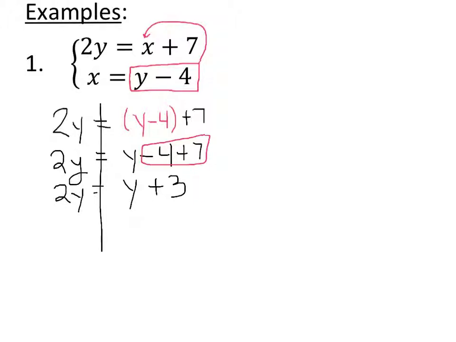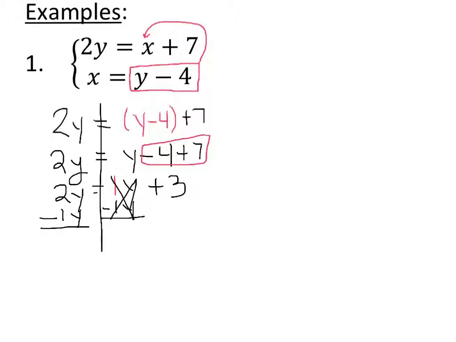The next step says that we need to get all the variables on the same side. Well, you see on the left hand side we have a 2y, and on the right we have a y. Well, we can put a 1 in front of that y, and we see positive 1y, so we will subtract 1y, so they will cancel out, and move that y over here.